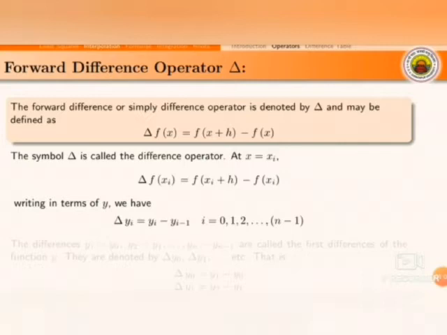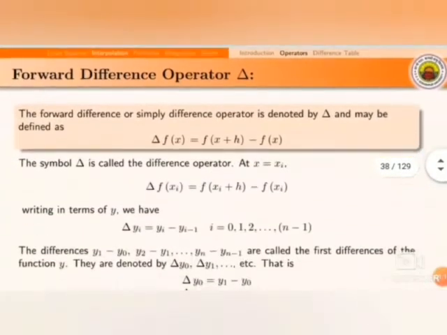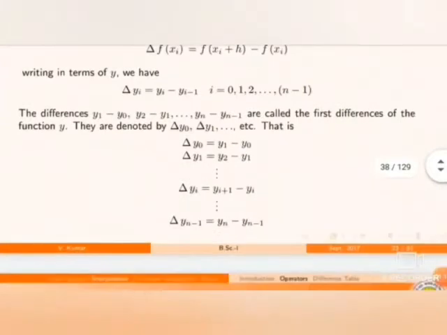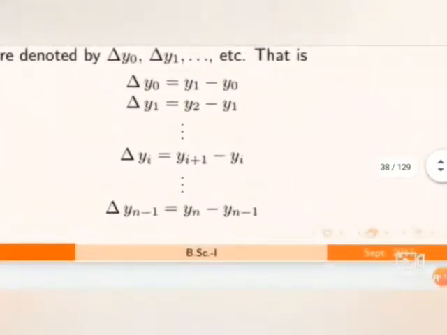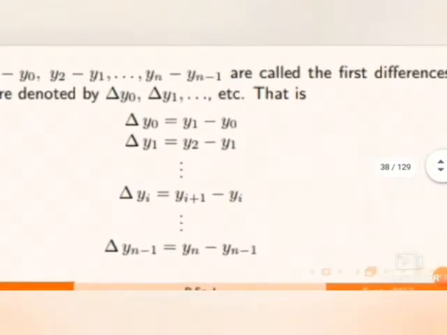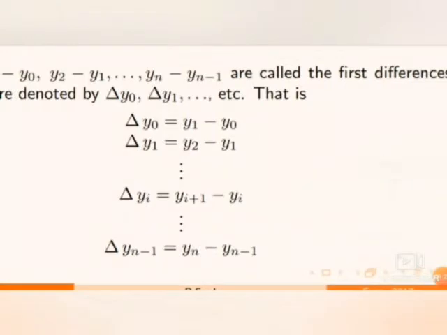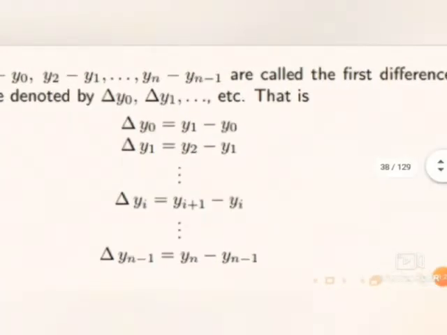Here the value h is the common differencing interval of the variable x. The variable x has a common differencing interval which is denoted by h, and we can write the differences. These are all called first order differences. The differences are del y naught equal to y1 minus y naught, del y1 equal to y2 minus y1, and so on.